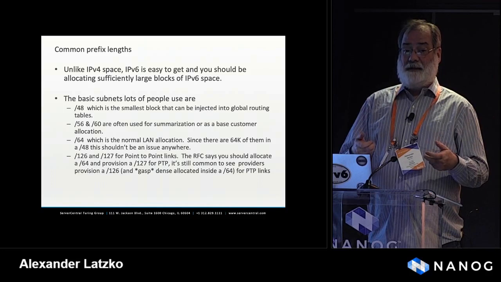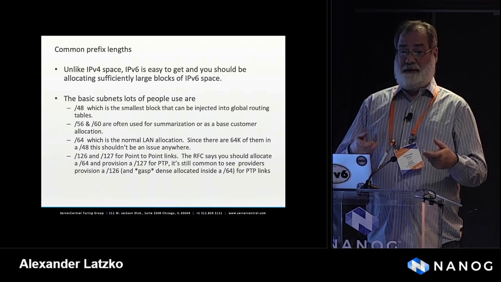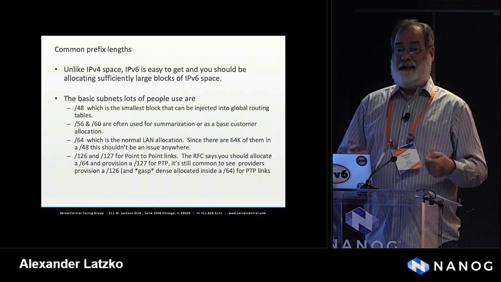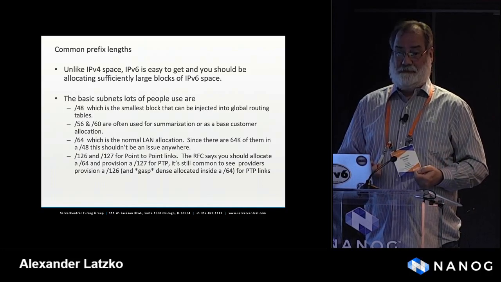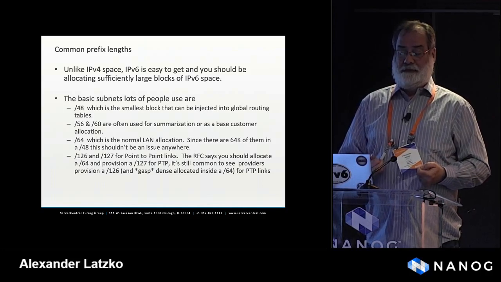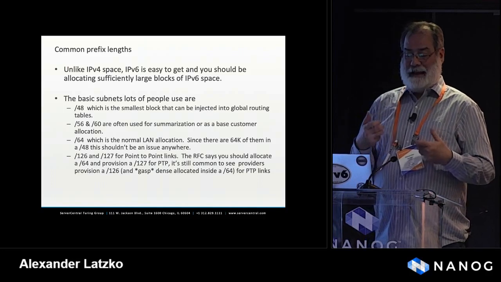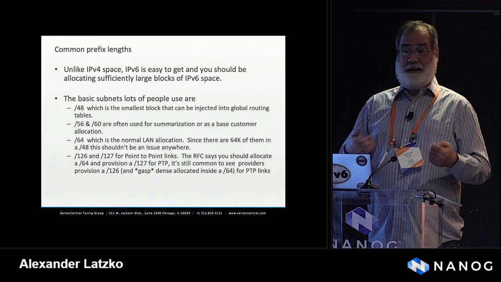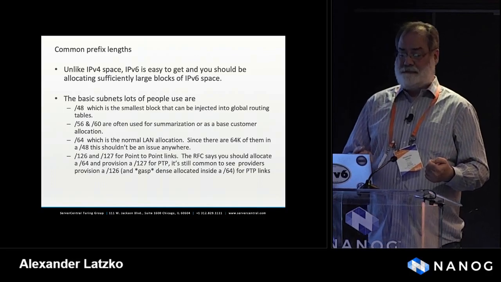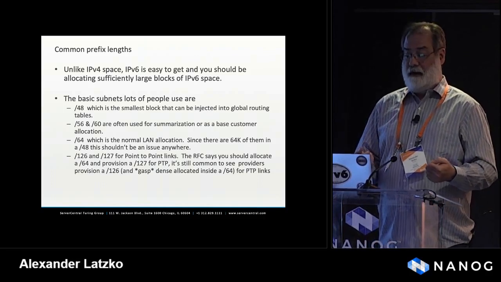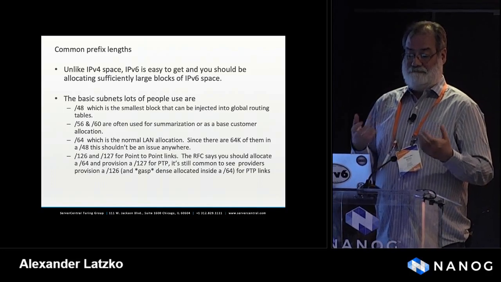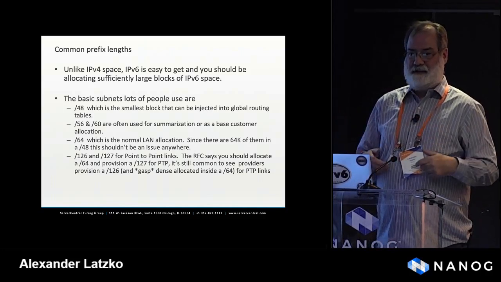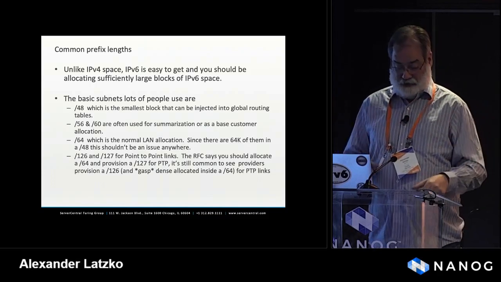A lot of ISPs will give you a /126 for your IPv6 point-to-point. That's a legacy of their provisioning system. And so you'll still see a lot of ISPs that do that. Ask your ISP for /127. It's the right thing to do. And they really shouldn't dense pack them inside of a single /64 because who knows what they'll break in the future.